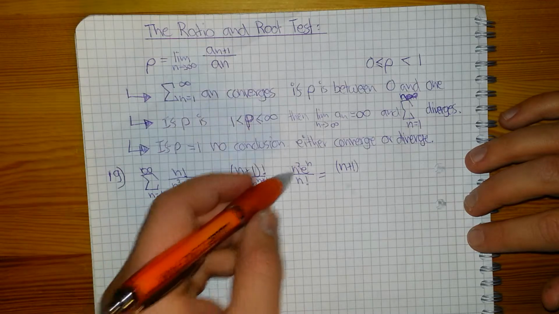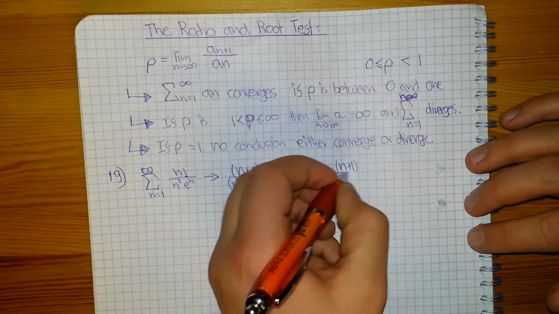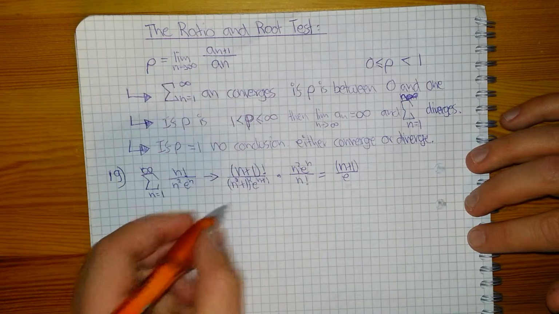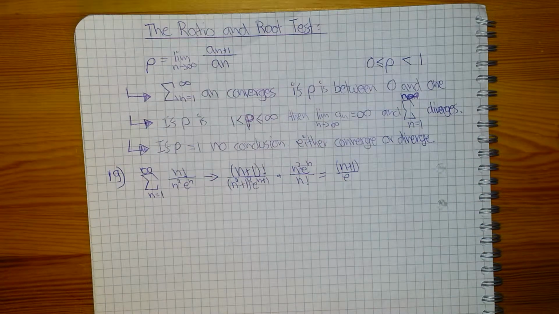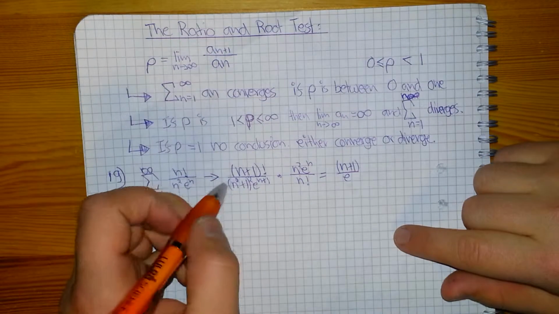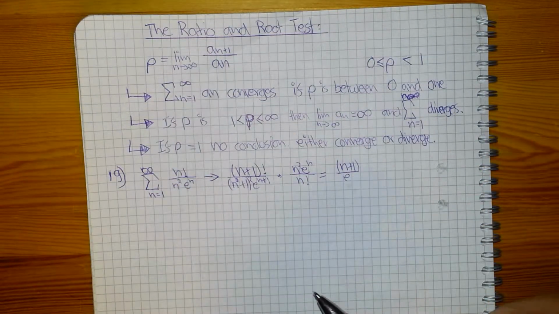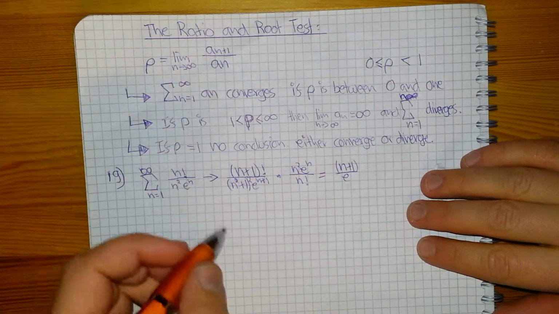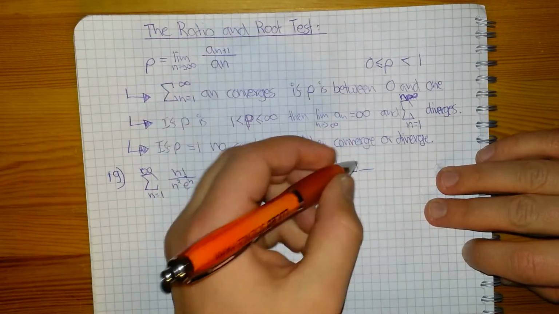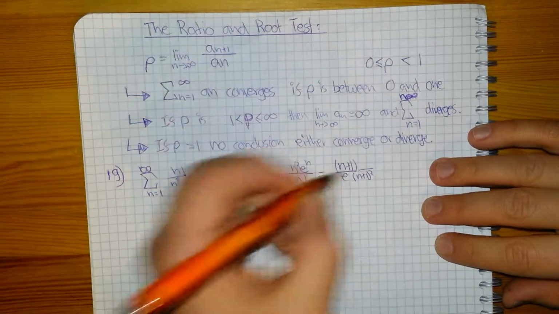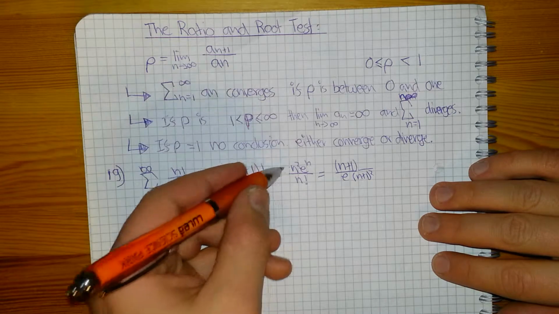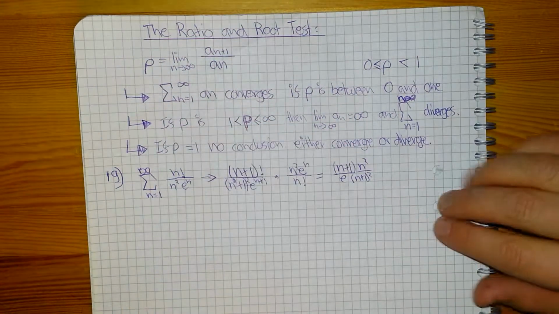The e to the n will just become divided by e, and n plus 1 squared will be cancelled out with this term. I'll write it so you can see the step, n plus 1 squared, and we still have the n squared.